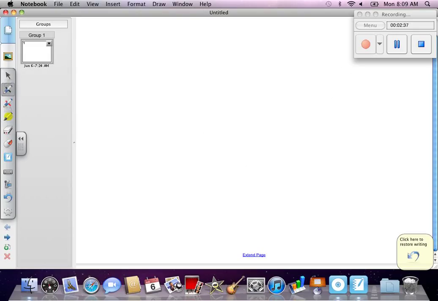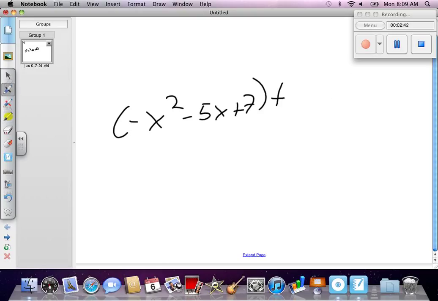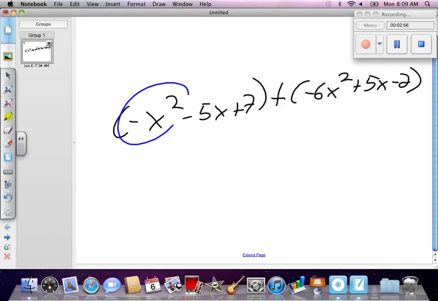42, we've got negative x squared minus 5x plus 7, and we're adding it to negative 6x squared plus 5x minus 2. Okay, so what I'm going to do is I'm going to add the like terms. This is a squared. In the other parentheses, are there any with a x squared? Negative 6x squared, right?